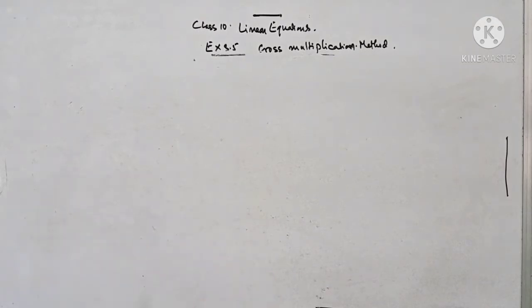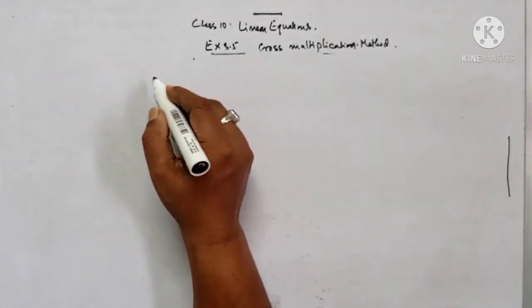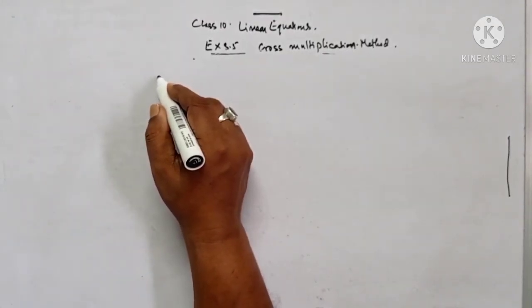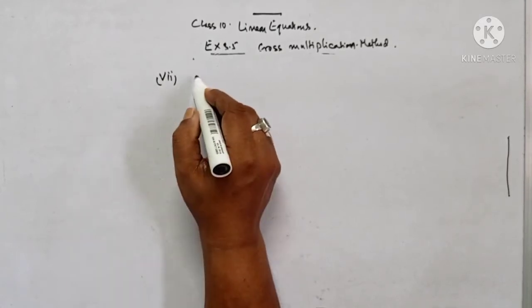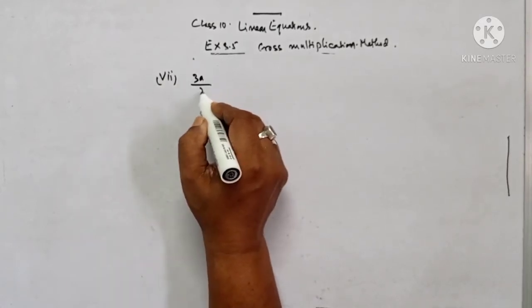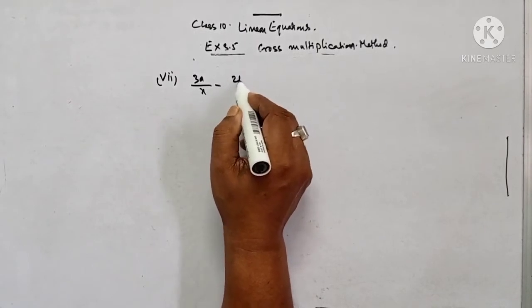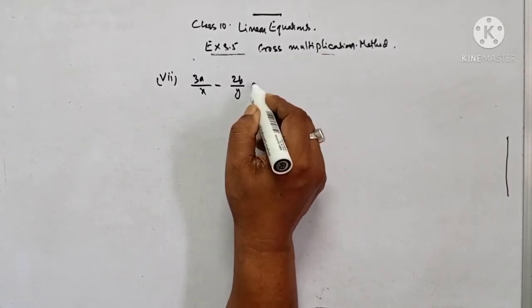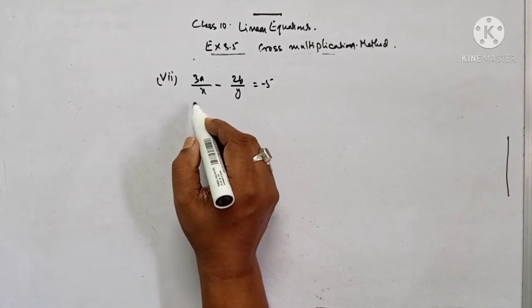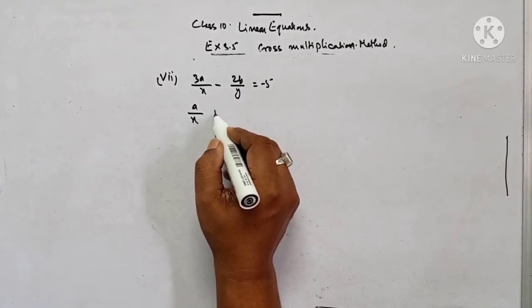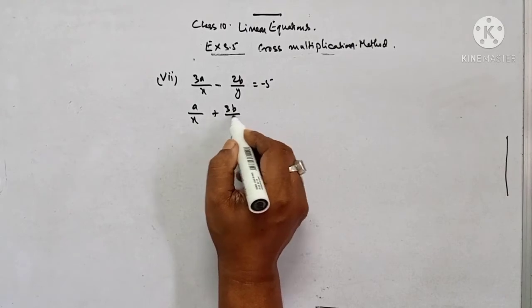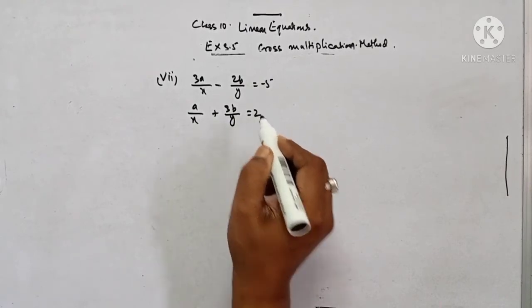Now again, your question number 8. 3a by x minus 2b by y equal to minus 5, and a by x plus 3b by y equal to 2.